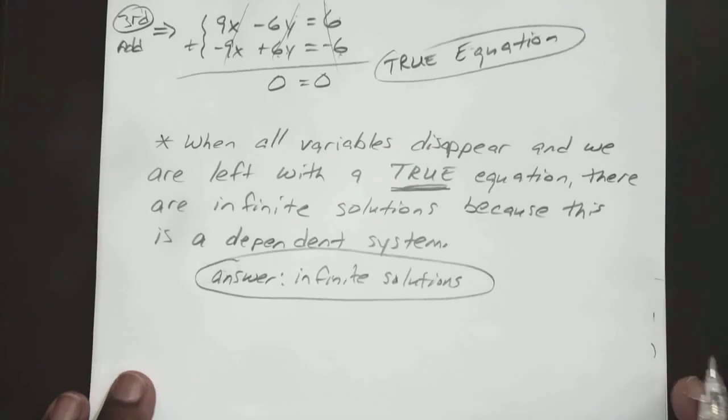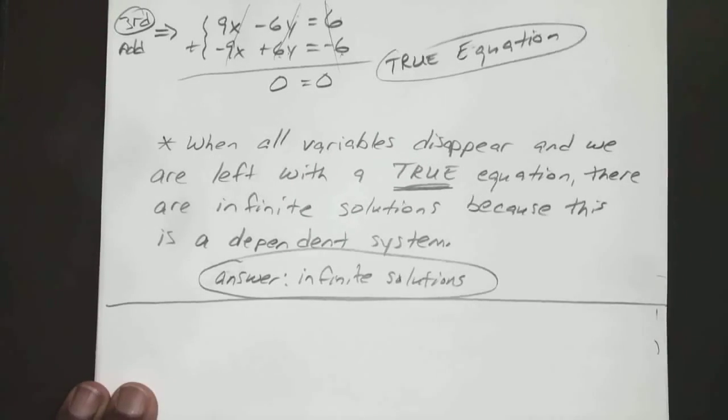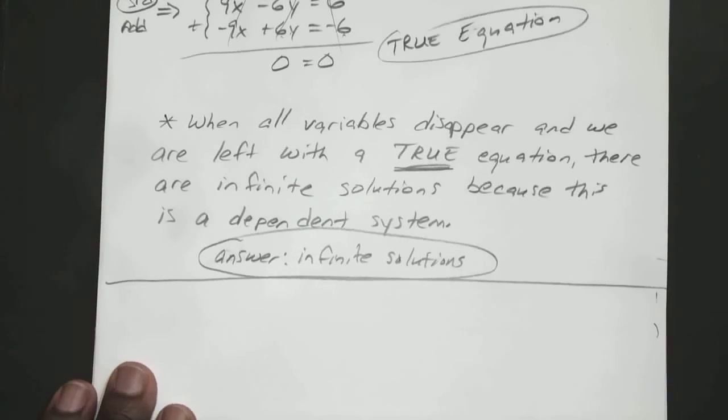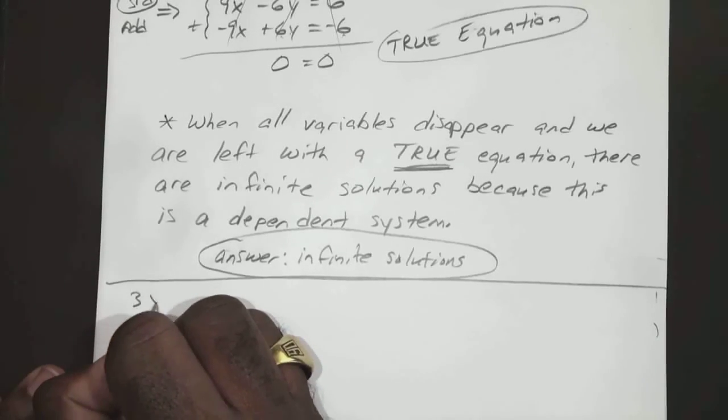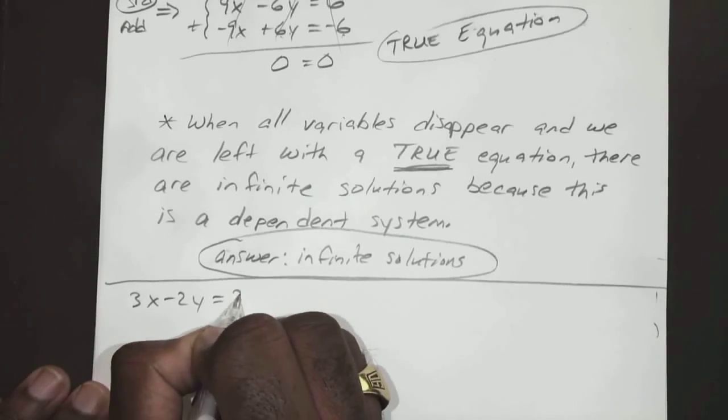Okay, and the reason why we'll put underneath. If you look at the first equation, you have 3x minus 2y equals 2.